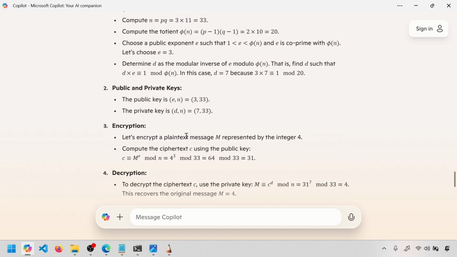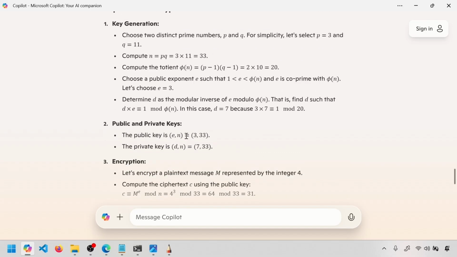But otherwise, our concern here is can we calculate d from e and the rest of the available things, especially n and phi n, which looks very close to n. And the calculation looks very similar. p minus 1 into q minus 1. That is phi n.